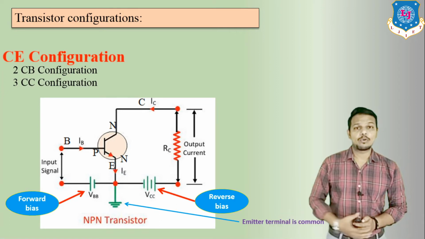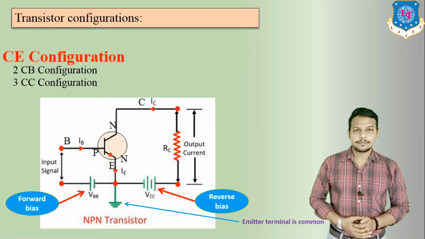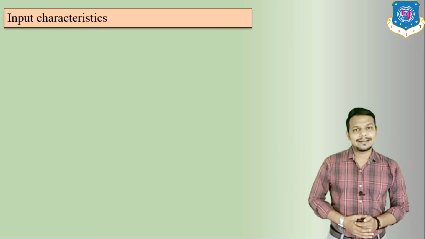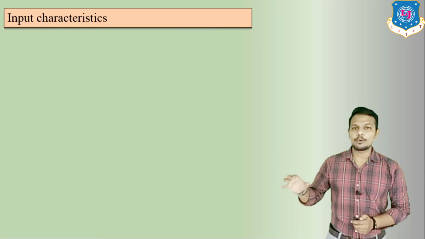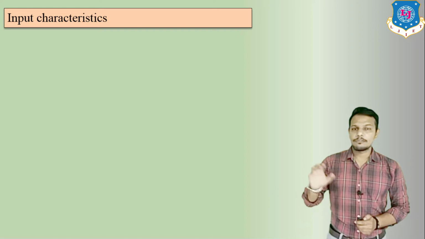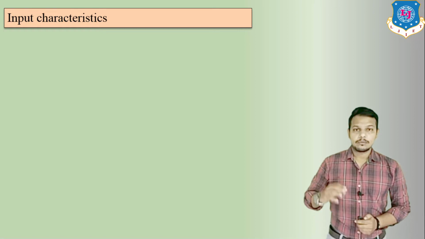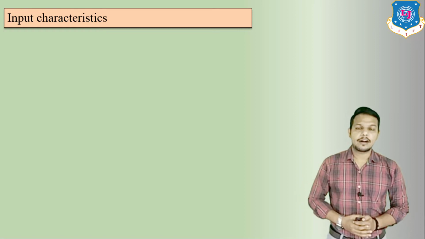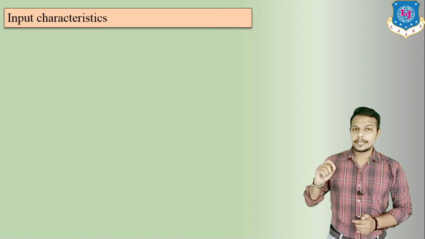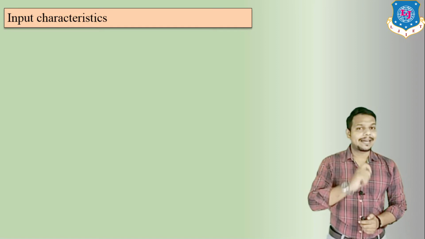Now let us discuss its characteristics. There are two types of characteristics: input characteristics and output characteristics. First we learn about input characteristics. Input characteristics are basically VI characteristics, as we discussed for the PN junction diode. This is a voltage versus current graph, but particularly the input characteristic.